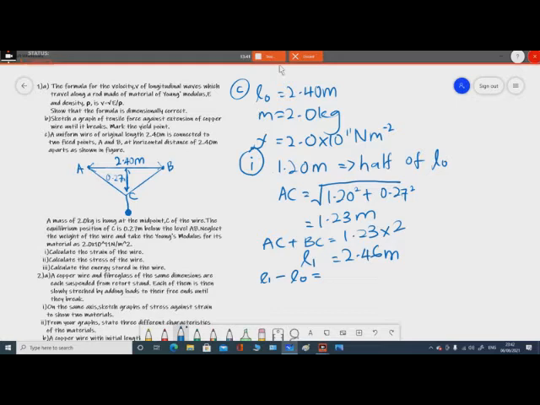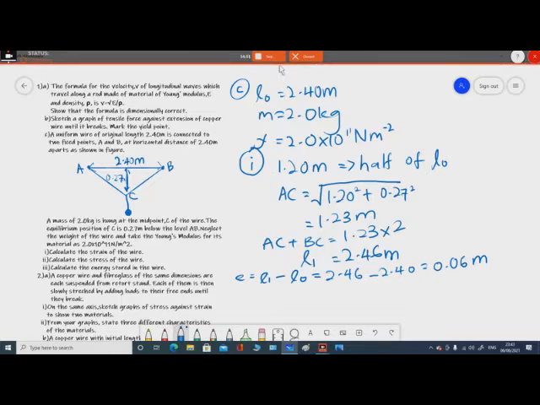So this is 2.46 minus 2.40, which is 0.06 meters. So this is our extension.